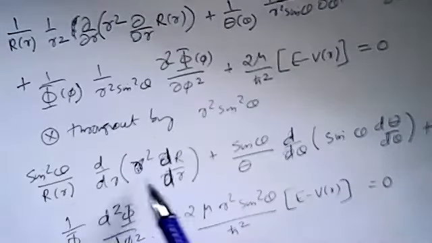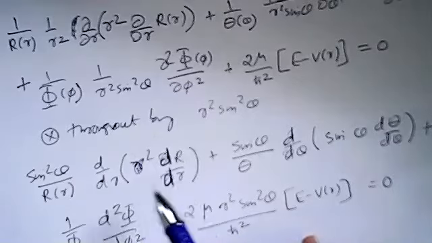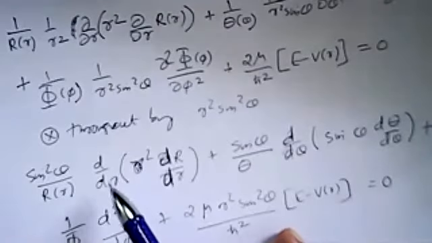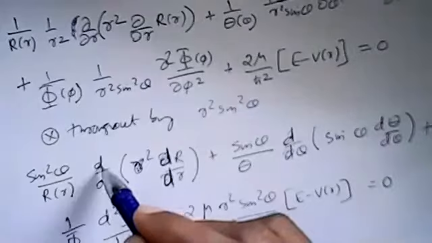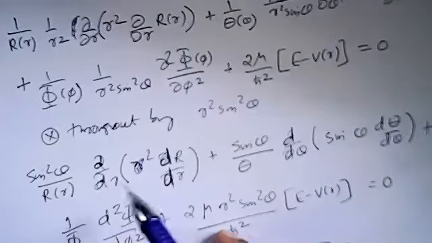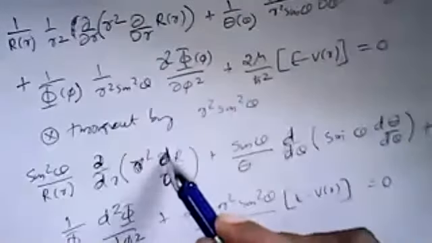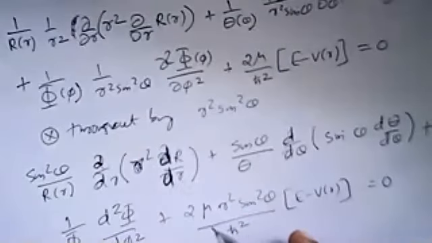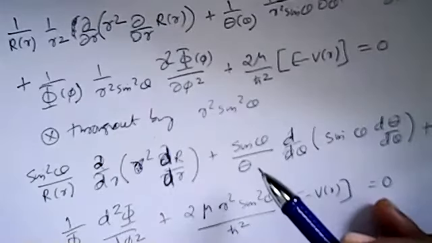Then these things are same, d by dr of r square dou r by dou r. You can write d or dou, no problem.